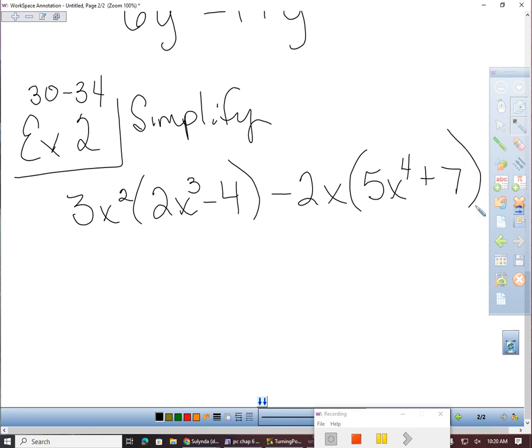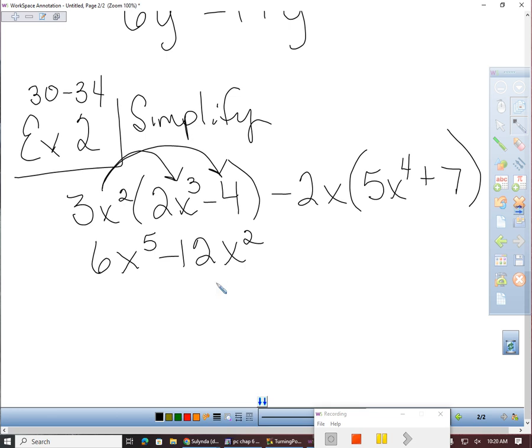All right. So now we're going to start at the beginning. There's a monomial outside of parentheses, so we just distribute, right? 3x squared times 2x to the third. We multiply our coefficients, keep our base, and add our exponents. Then we have 3x squared times negative 4. 3 times negative 4 is negative 12, and we have x squared.